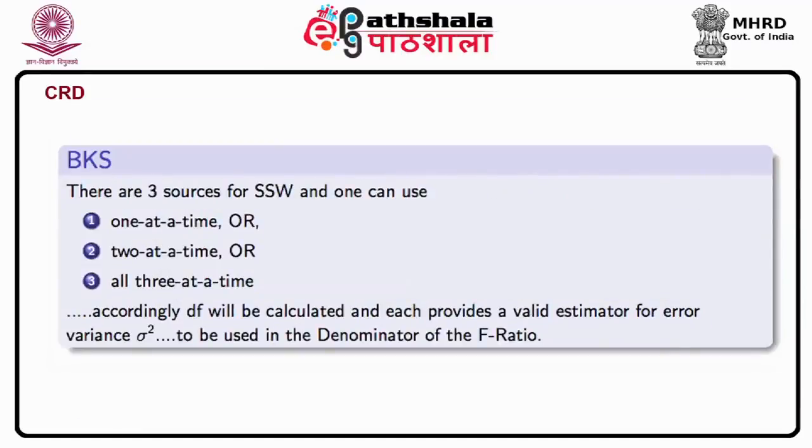There are 3 sources for sum of squares within relating to the estimation of sigma square. You can use 1 at a time or 2 at a time or all 3 at a time. Accordingly, the degree of freedom will be calculated based on whatever data you are using, and each one will provide a valid estimate for error variance sigma square to be used in the denominator of the F ratio.